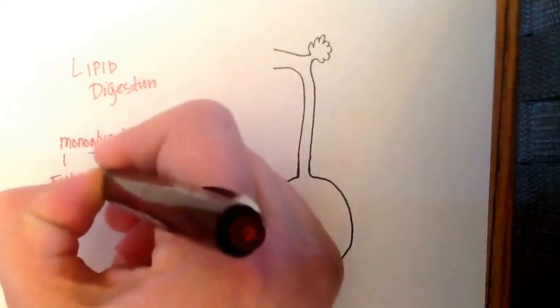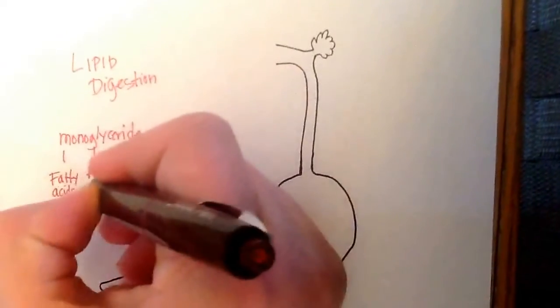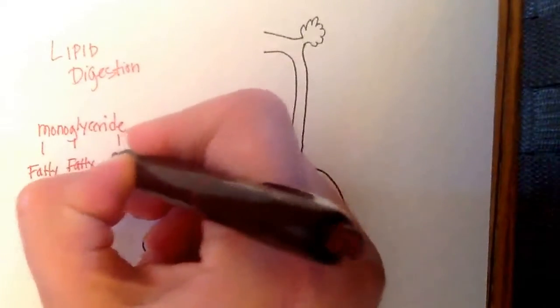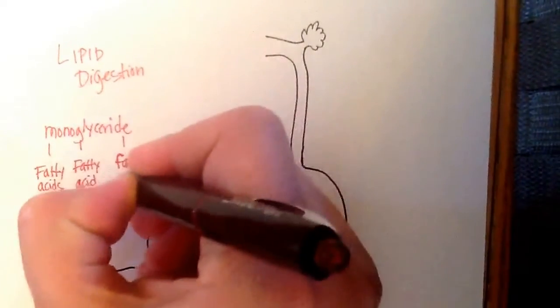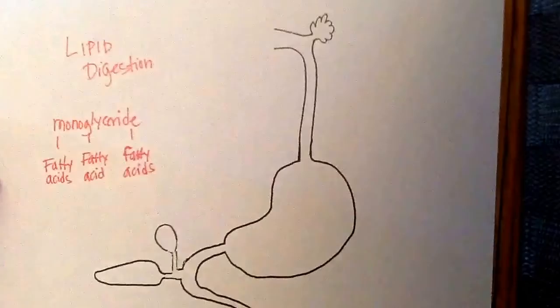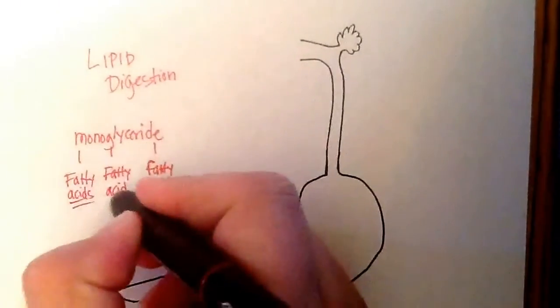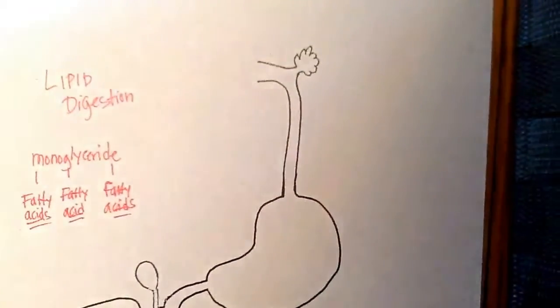Okay, so it kind of looks like a key or something along that line. So it's one big monoglyceride, and then it has 3 fatty acid tails. And if you look on the back of a food label and you see saturated and unsaturated fats, it has to do with the structure of these fatty acids.